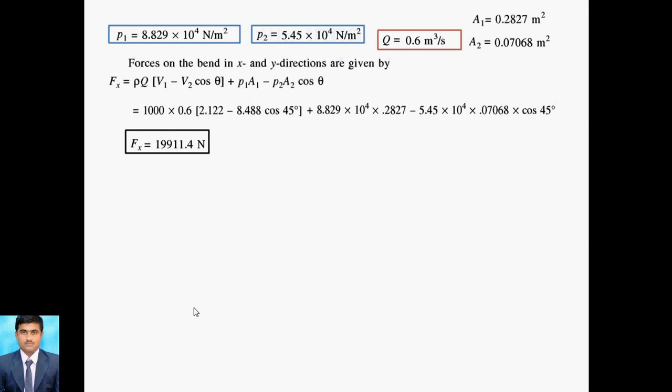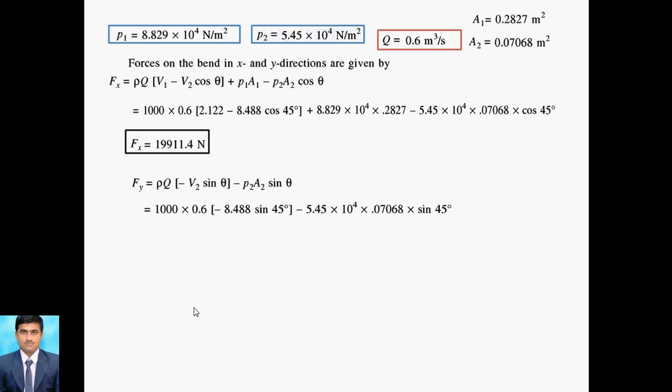Similarly for Fy, we calculate from this formula: rho Q (minus V2 sin theta) minus P2 A2 sin theta. Instead of rho we can take 1000 because the pipe is carrying water.